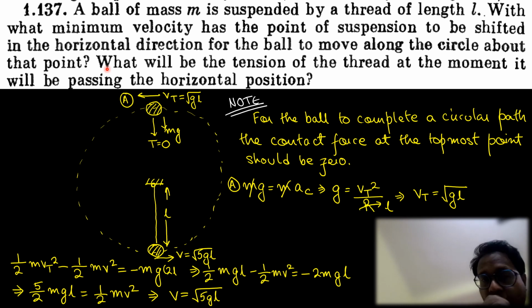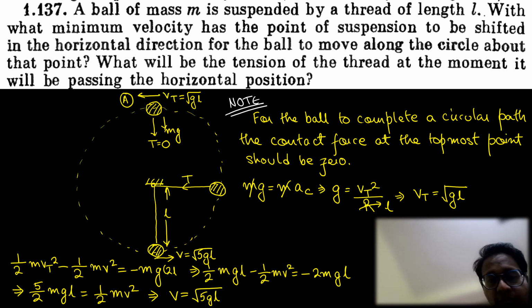The second part of the question is saying, what will be the tension of the thread at the moment it will be passing through the horizontal position? That means when the ball is at the horizontal position, what is the tension in this ball?